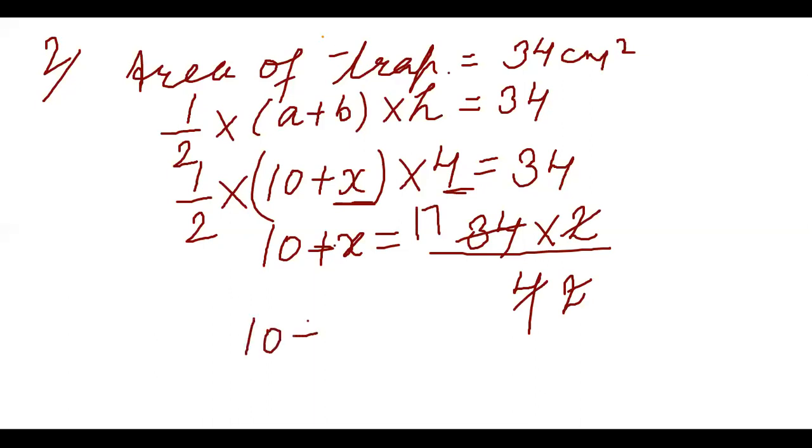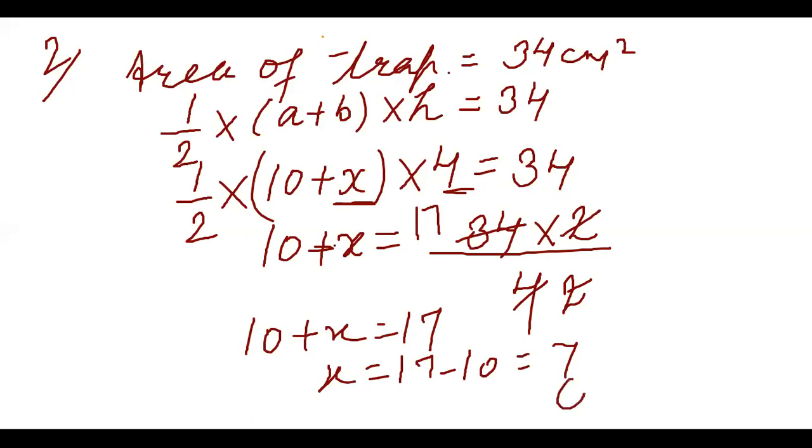So 10 plus x is equal to 17. x is equal to 17 minus 10 is equal to 7. So the length of the other parallel side is 7 centimeter. Right? This was question number 2.